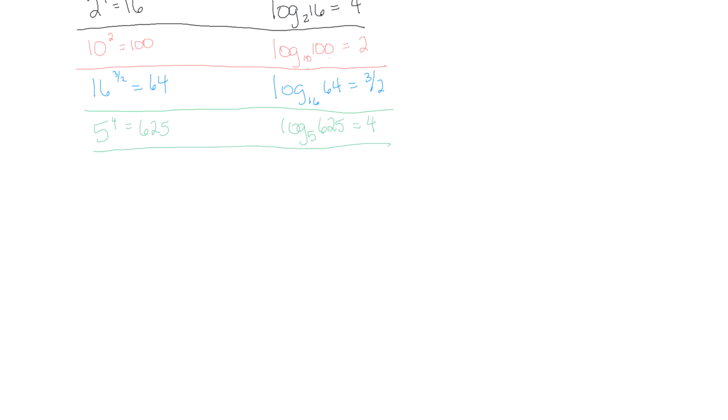E to the 5th equals, remember I said e's on my calculator or phone, whatever you young people are using these days. So log base is the big number, answer, all of that, equals exponent.